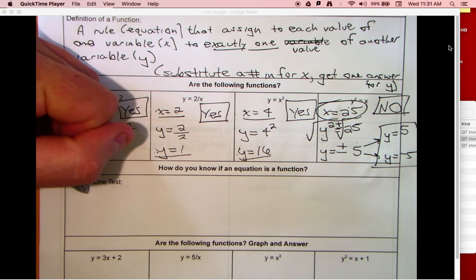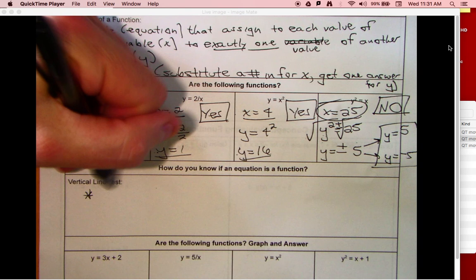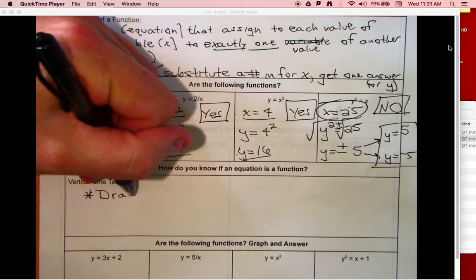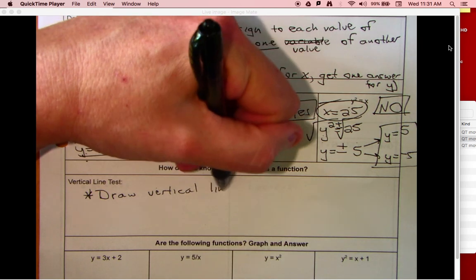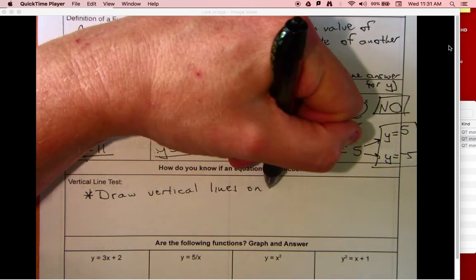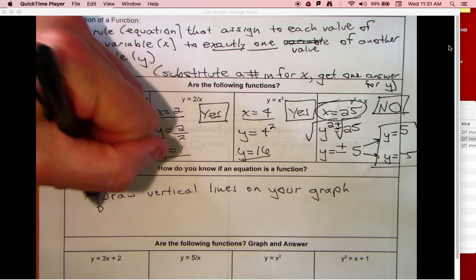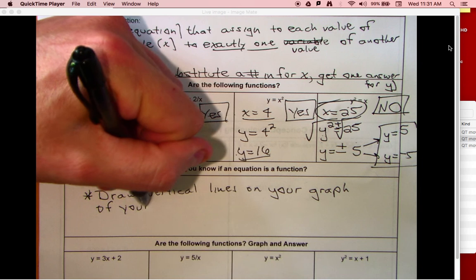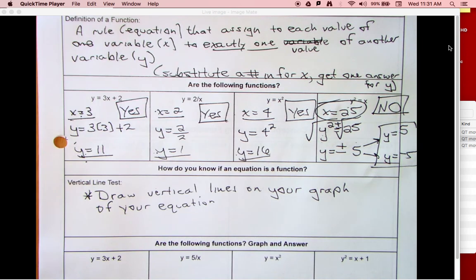So, here's basically the idea behind the vertical line test. The first thing you want to do is draw vertical lines on your graph of your equation. So you're going to graph the equation, you're going to look at it, and you're going to either literally or just in your head draw vertical lines, up and down.